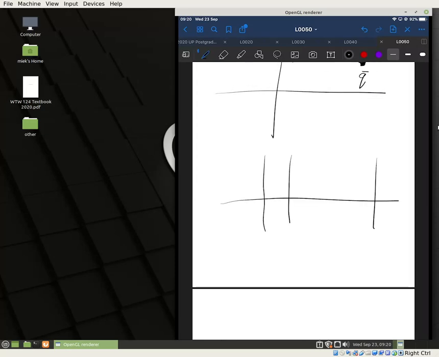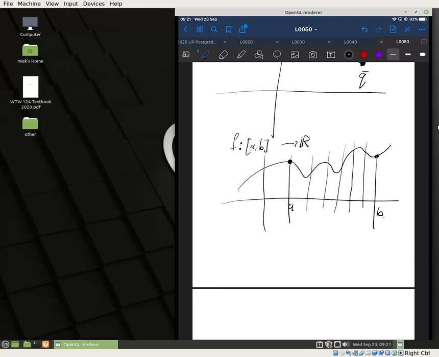Here we've got, let's say we've got an interval AB, and we've got some curve which is the graph of a function f on AB. So we've got some function f defined on AB into the real line. And what will we do now? Why don't we approximate this curve by straight line segments? So what we will do is we will subdivide this interval into n equal parts.